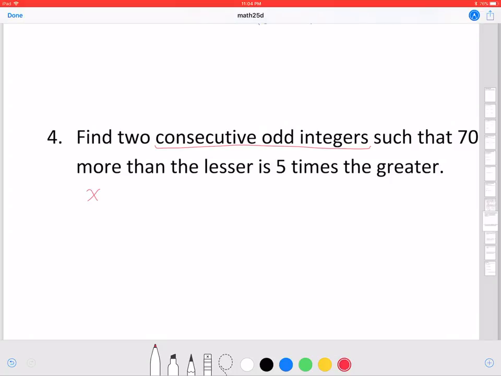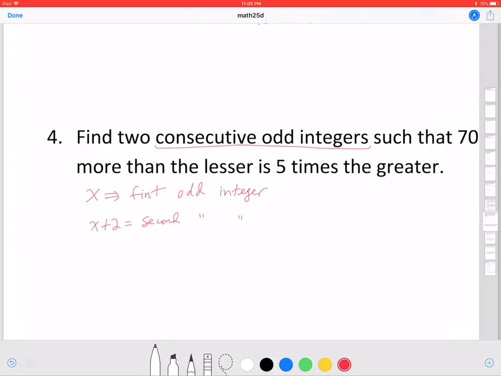So if x is our first odd integer, then the next integer is 2 more than x. So x plus 2 is our second, next larger odd integer.